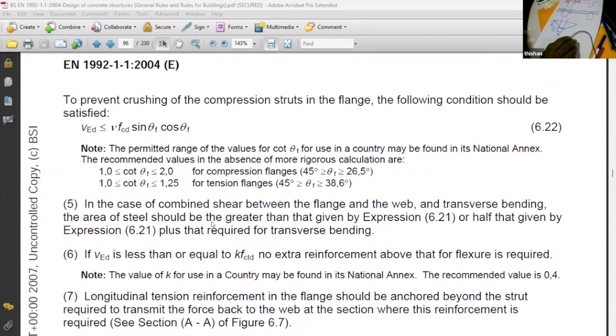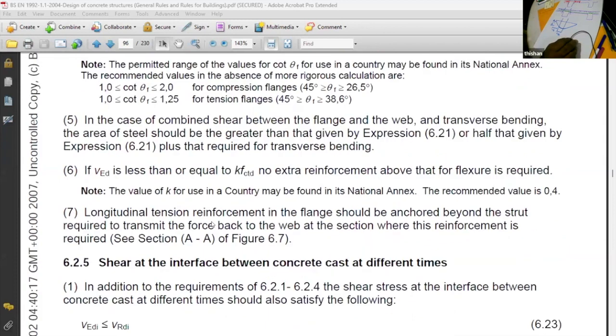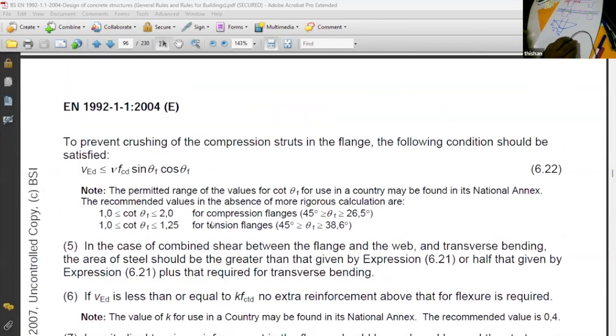And we'll again look at an example just to learn what has been done, right? Because the code covers up to this point with different values. The important thing that you have to keep in mind is for this particular shear, the critical shear starts from 26.5 degrees up to 45.